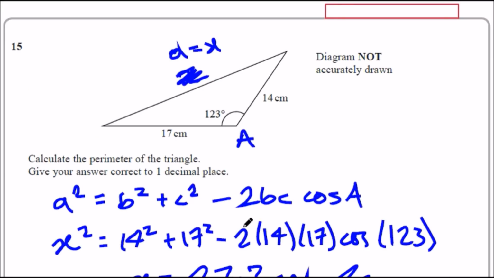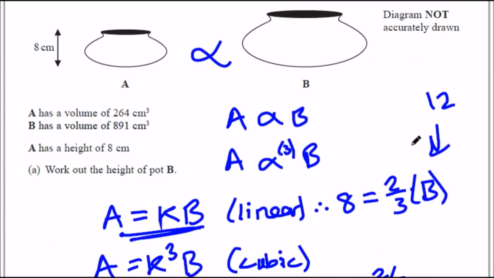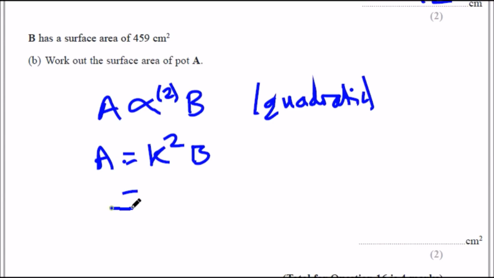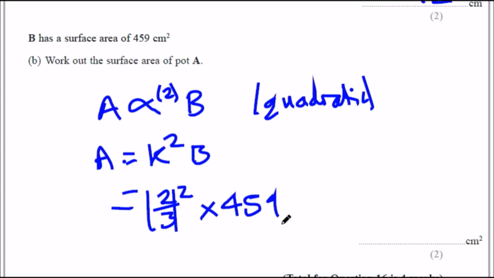K is 2/3. So it's just going to be A equals 2/3 squared times 459. Put that in your calculator. 2/3 squared times 459. So it's 204.